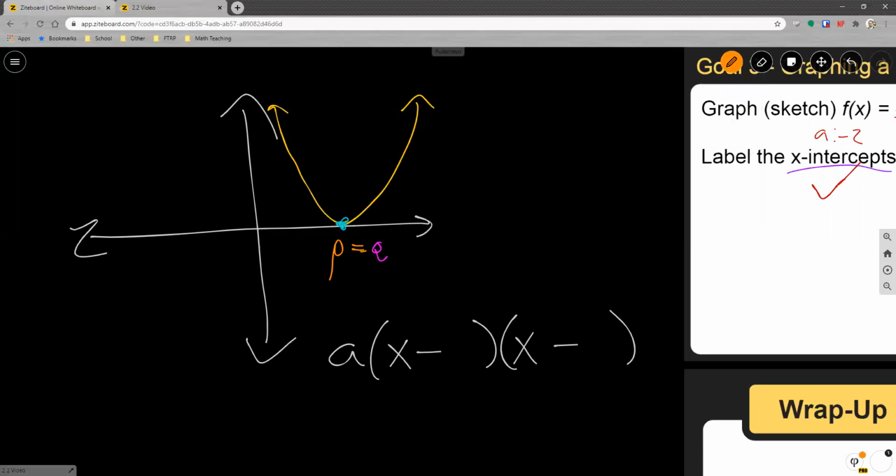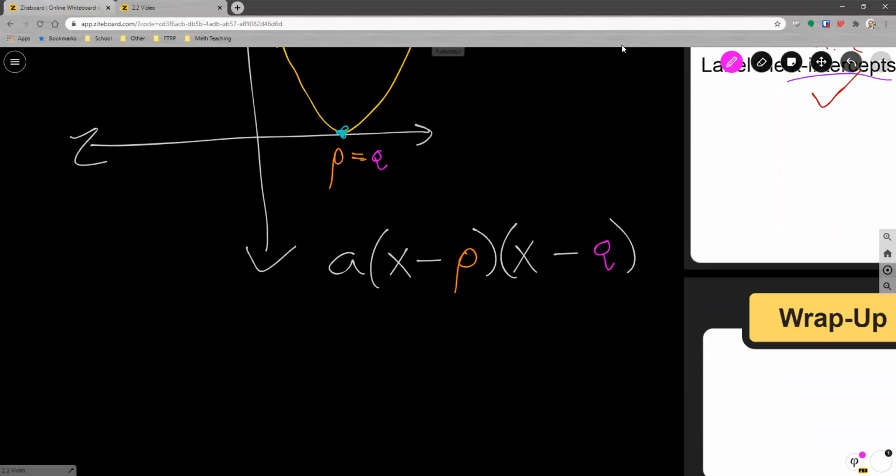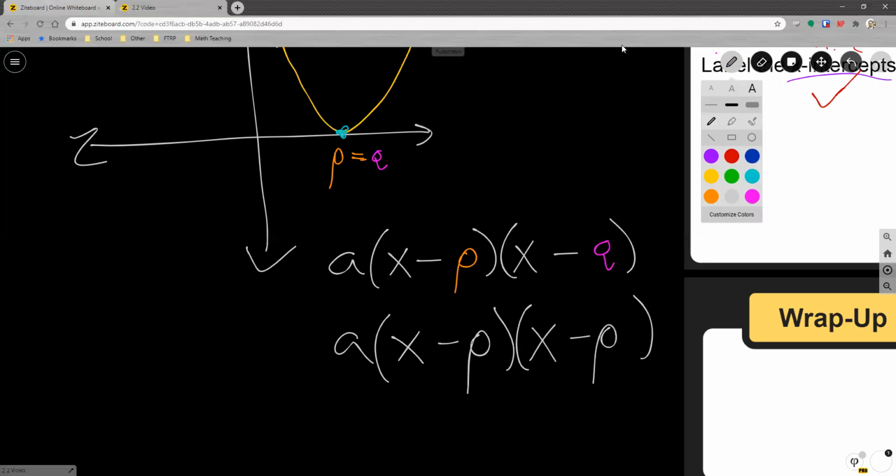I get a times x minus p times x minus q. If p and q are the same value, then really I can change either one to whichever value I want. So really, I could write it as a times x minus p times x minus p, because p and q are the same.